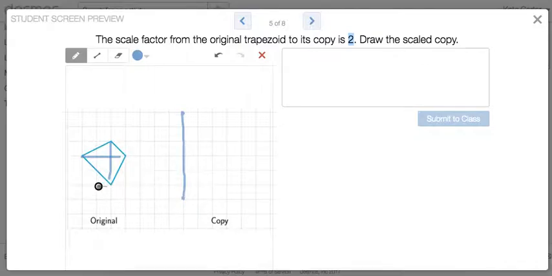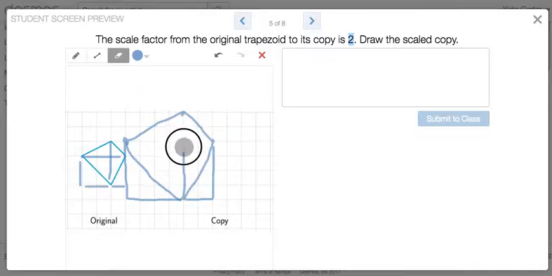And then I know this is 2, so I would now come 1, 2, 3, 4 over, and 2 up, and we got to double it, so 1, 2, 3, 4 up. That's going to be a point. Connect that point. Connect that point. Then 1 over, so I'm going to have to double that, 1, 2, and 2 up, and I have to double that, so 1, 2, 3, 4 here, and then I can connect my points.